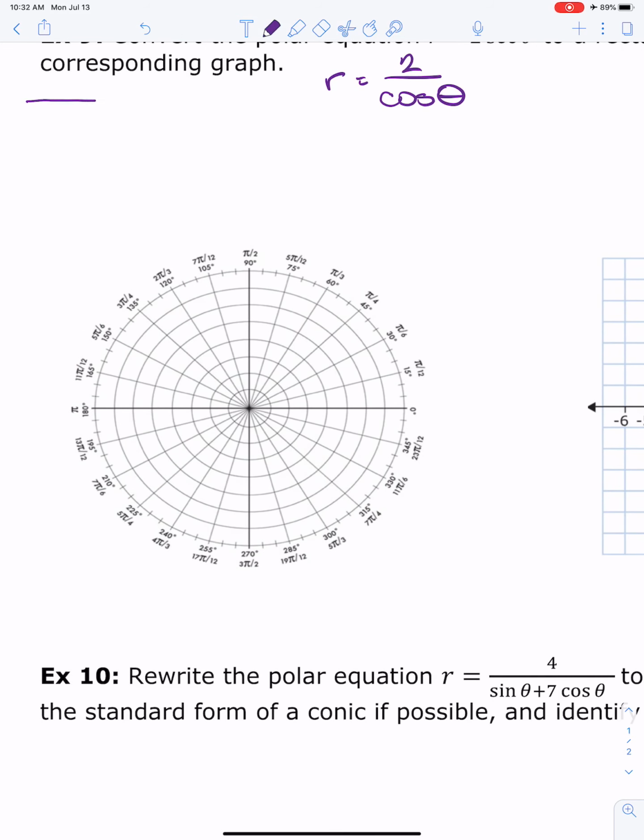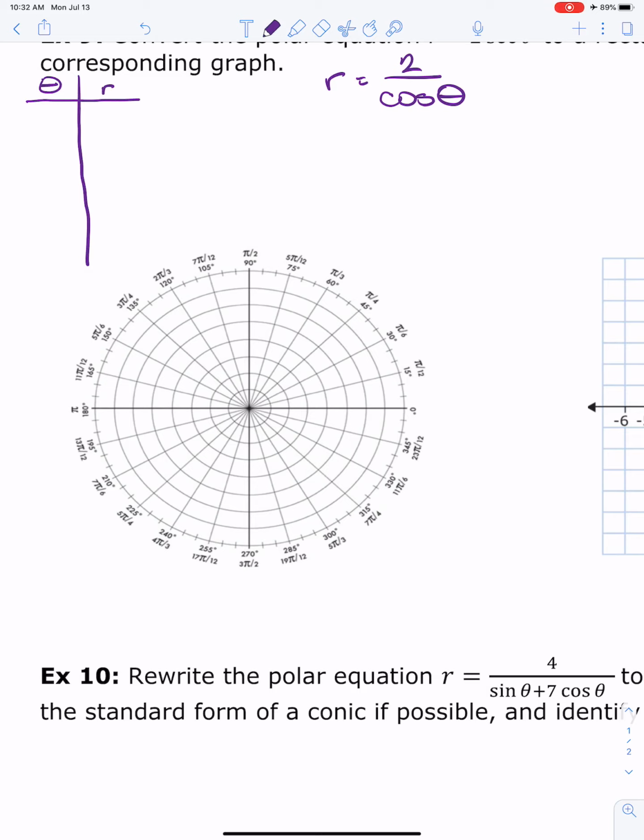Let's see how we can do this here. I am going to plug in a value for theta. I want to crank out a value for R and see if I can figure out what this graph looks like on the polar grid before I rewrite this in rectangular, because I'm much more comfortable graphing in rectangular.